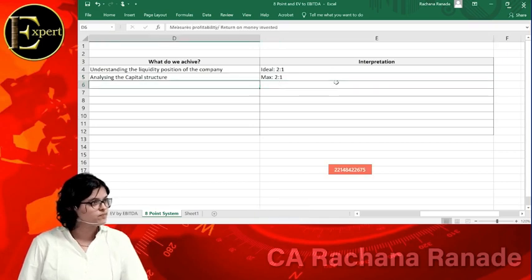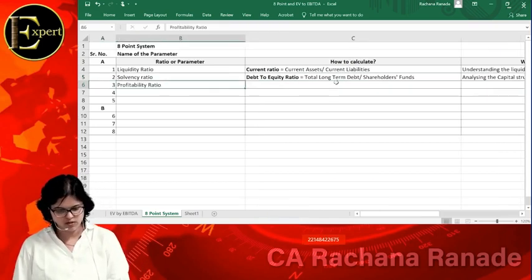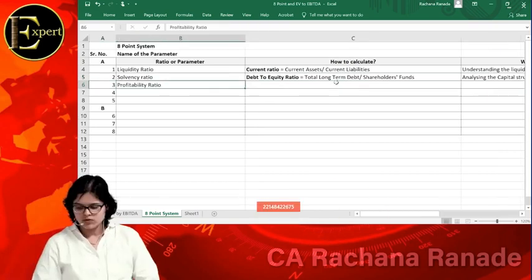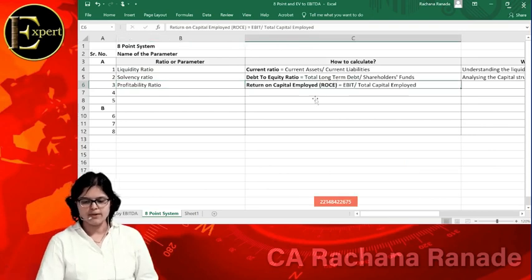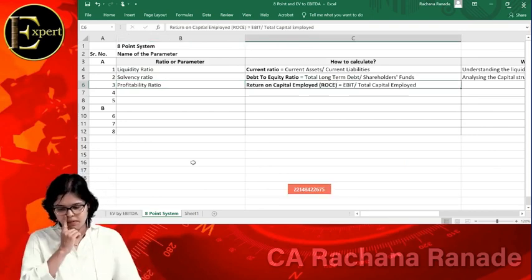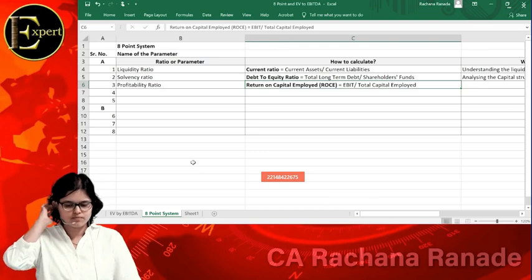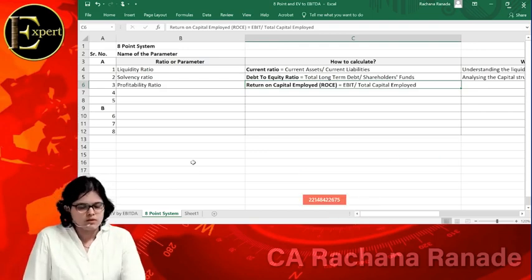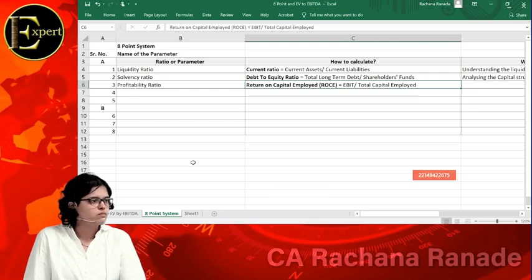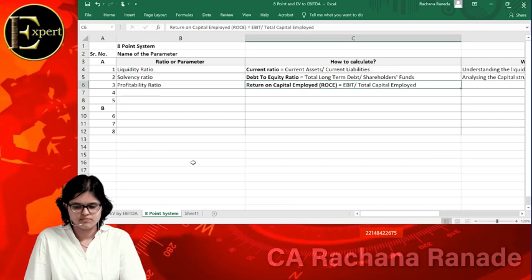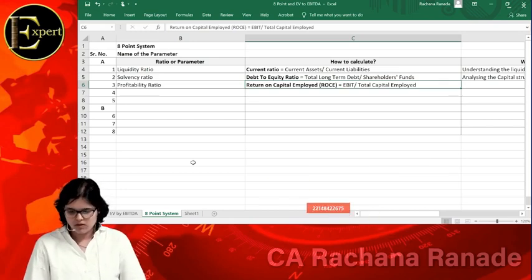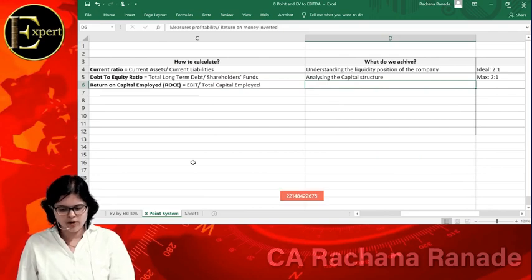Shall we move on? What is the third ratio now that we talked about? Profitability ratio. So the correct one is return on capital employed. For return on capital employed, what do we understand?